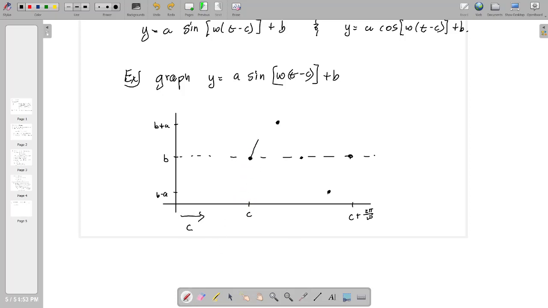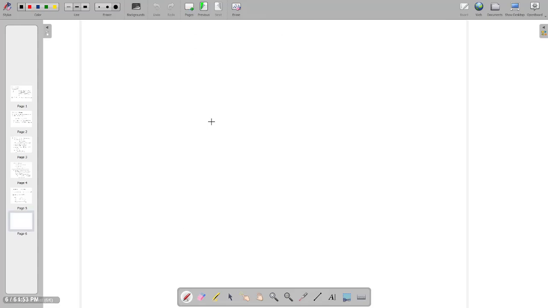All the other points as well, but just so you know why I'm starting here, because it's sine. So this is what our function looks like. Now, again, we should know how to do this already. This is a problem from 5.3, I believe.